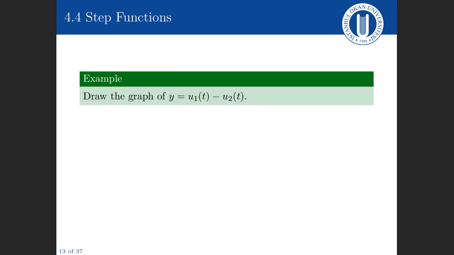Another one, draw the graph of y is equal to u1 of t minus u2 of t. Now, clearly, the first thing we can notice is the number 1 and the number 2 are important numbers. u1 of t changes between 0 and 1 at 1. u2 of t changes between 0 and 1 at 2.